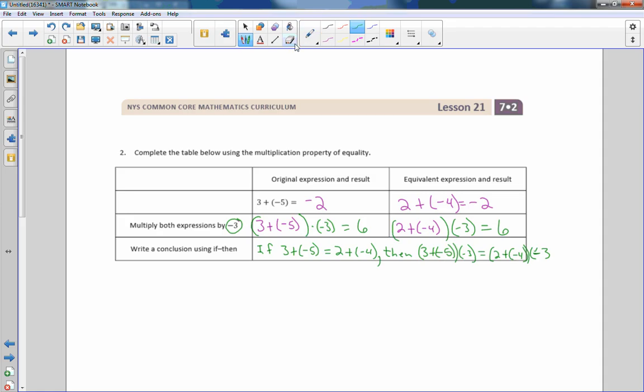Let me fix that. I was off my board here. Times negative 3. Okay? There's my if-then statement. So in other words, if this equals this, then this times negative 3 equals this times negative 3.